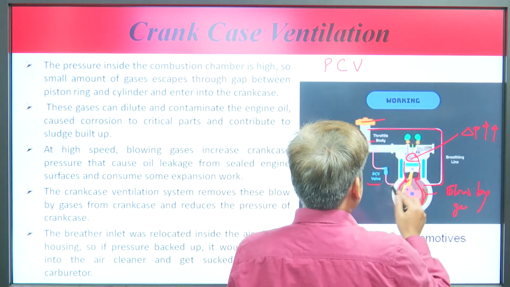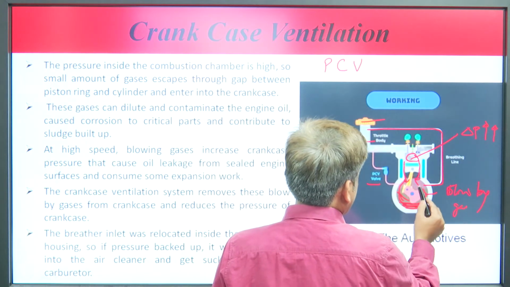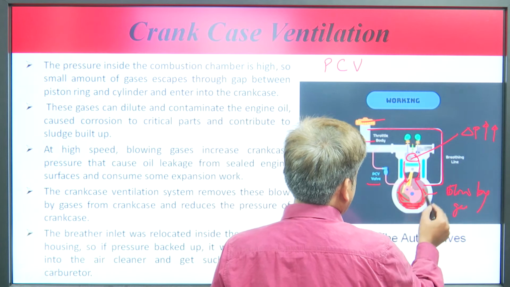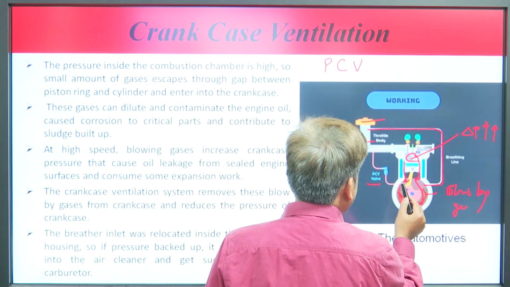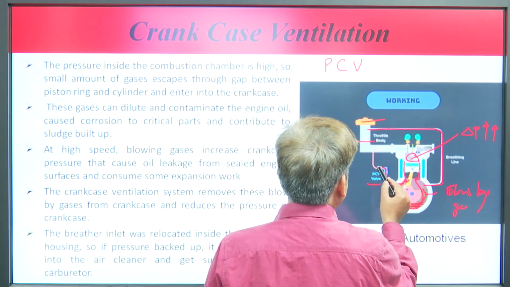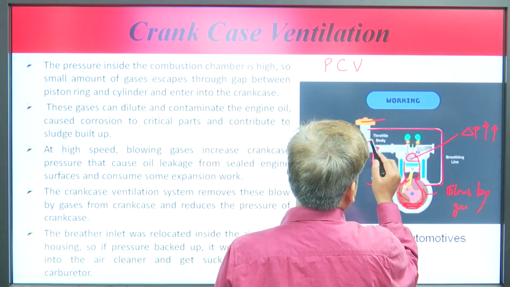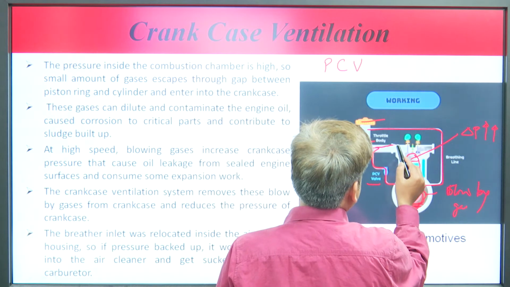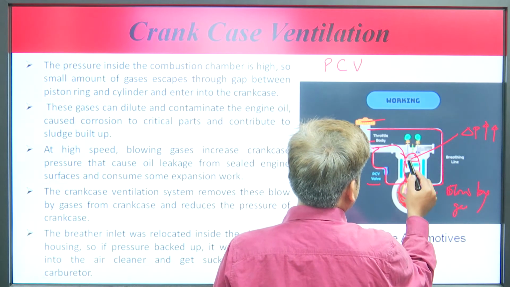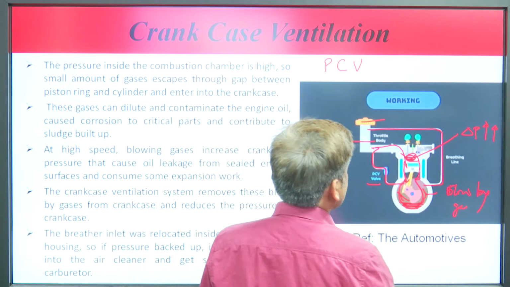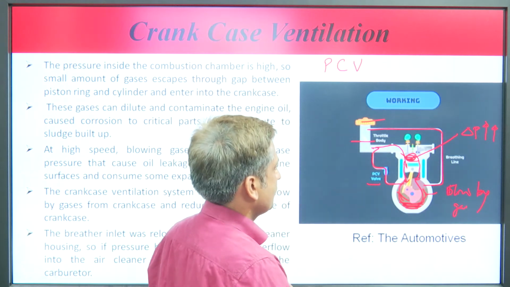crankcase. When there are flue gases, they are relieved with the help of this PCV valve and go into the intake manifold, and they are combusted again, going into the cylinder, which also affects the fuel economy and the performance.